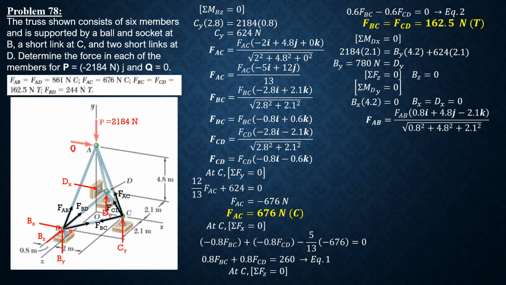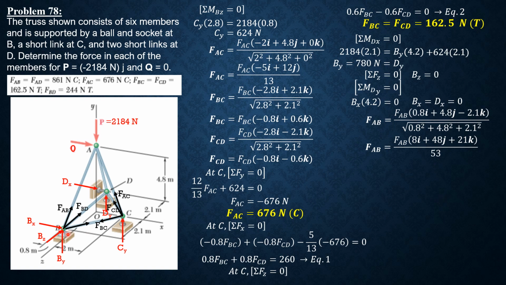To the right, 0.8i along x, upward 4.8j, then backward by 2.1, so negative 2.1k, over the distance square root of 0.8 squared plus 4.8 squared plus 2.1 squared. Simplifying, FAB is the magnitude of FAB times (8i plus 48j plus 21k) over 53.